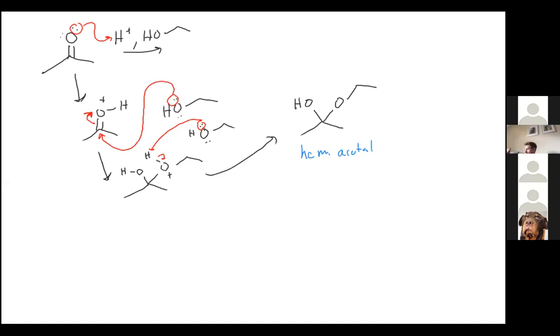All right. From this point, we are going to transfer that proton we just picked up to our alcohol. I'll explain what a hemiacetal is once we make a full acetal.